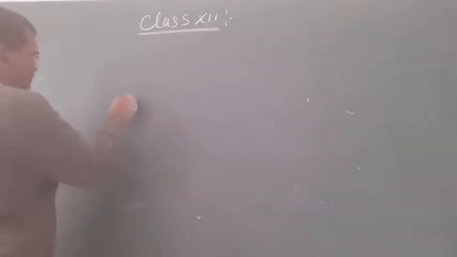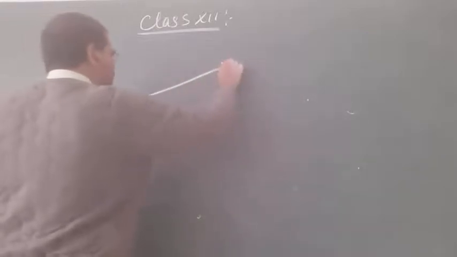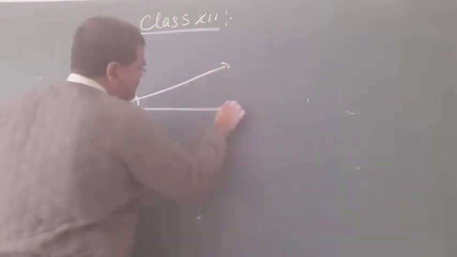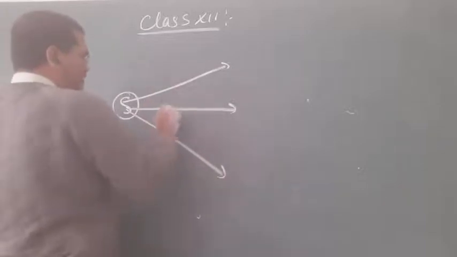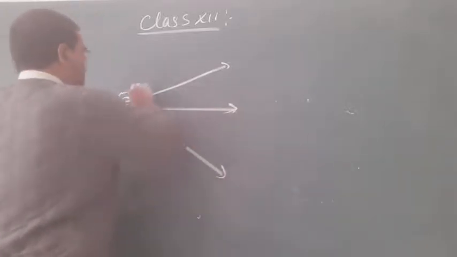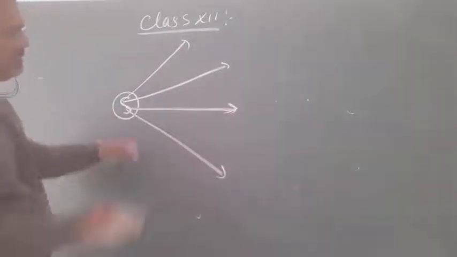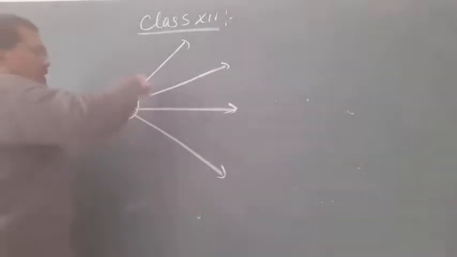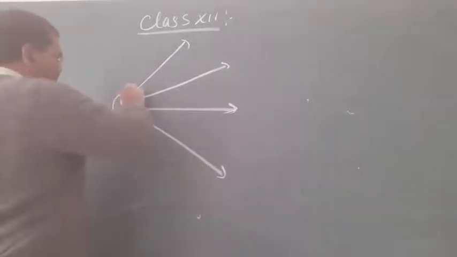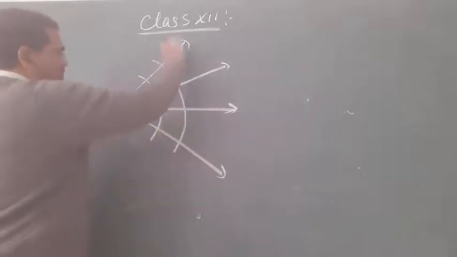This is the source, and wavelets, or you can say rays, are going in the outward direction, radially outward. That is diverging wavelets. So for radial rays, the wavefront must be spherical, like that.